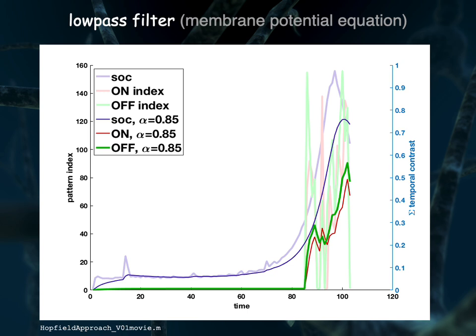So what do the curves mean? The blue curve is the sum of temporal contrast, or SOC. And in fact, it's very nice and smooth and reflects nicely angular size. The red and the green curve are the retrieval indices of the on and the off memory.